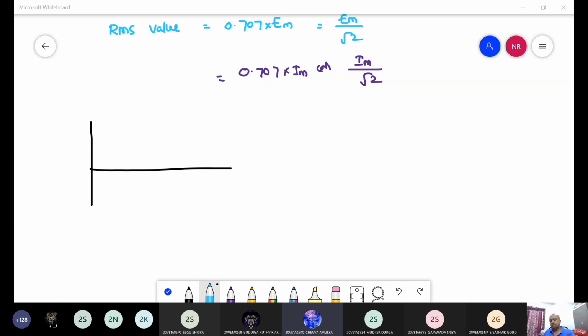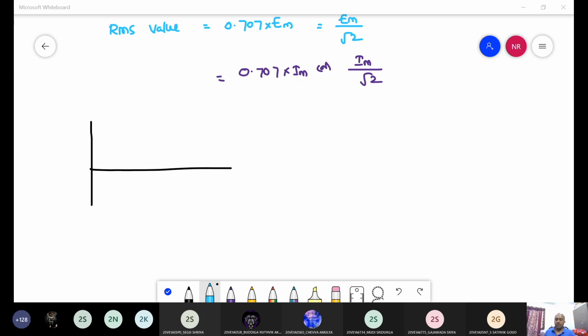One complete set of positive and negative values of an alternating quantity is known as a cycle, right?